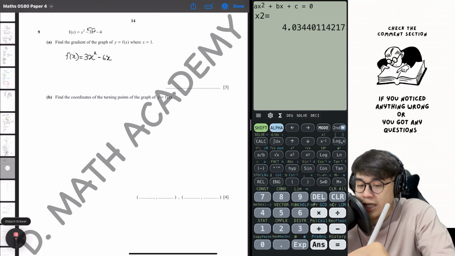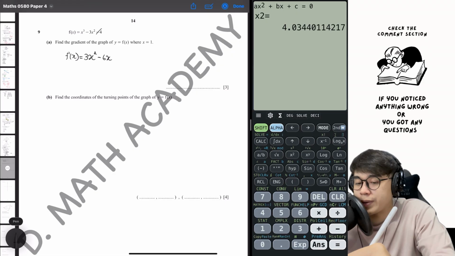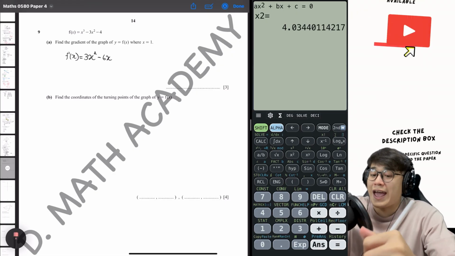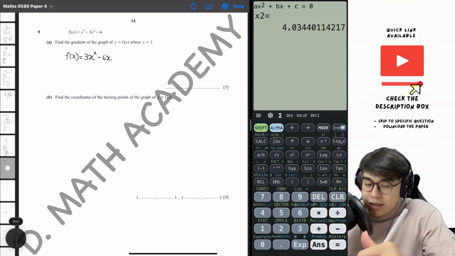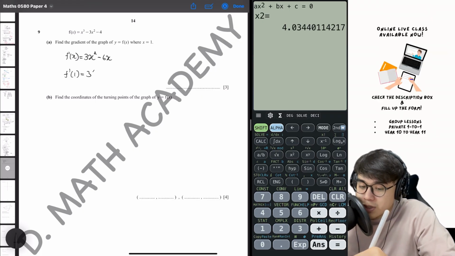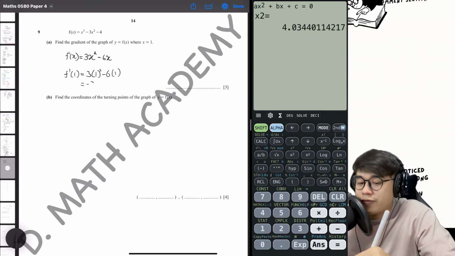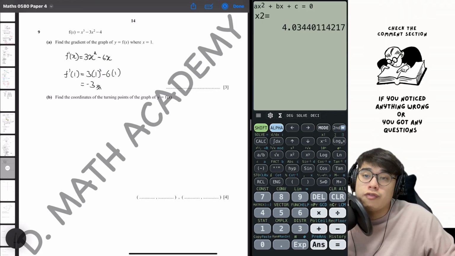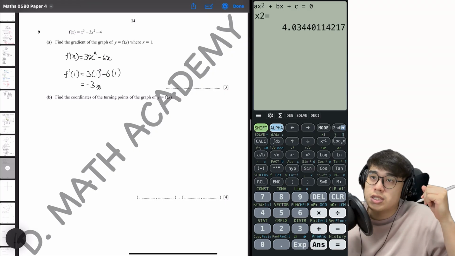Values that are integer or constant will be ignored because they don't have any x. Okay, so when they say x is 1, means they want you to substitute it in. You will get -3 as your final answer for this question.